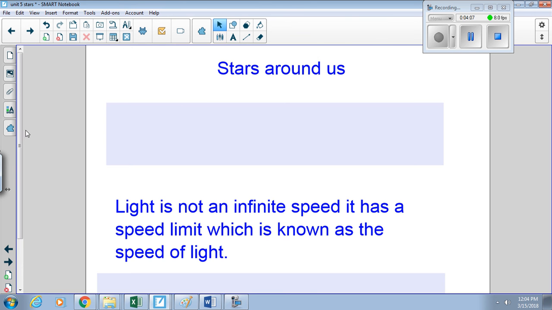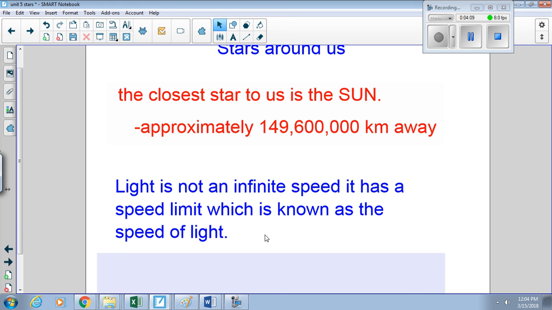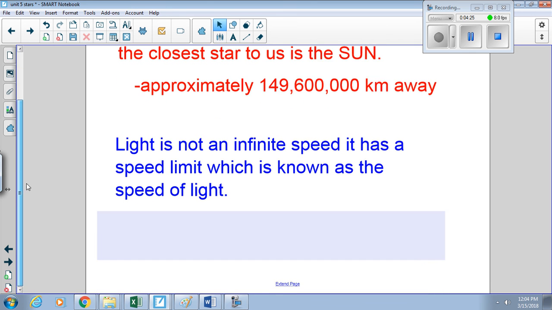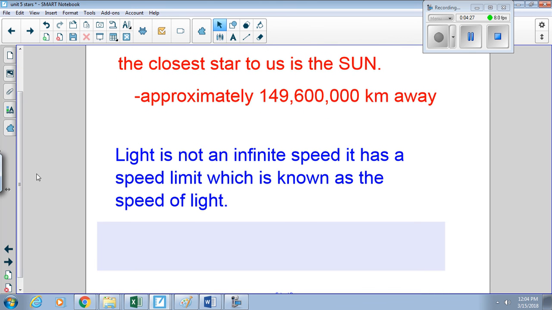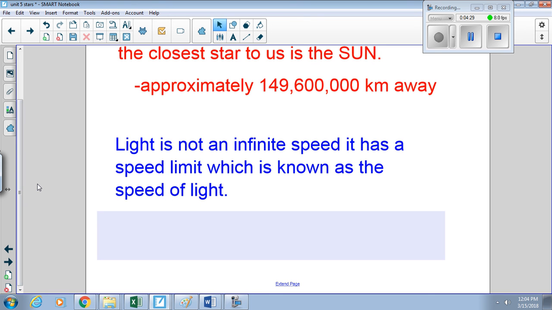Alright, so stars around us. The closest star to us is our sun. And it's approximately 149 million kilometers away. So pretty far, and that's an average because of the elliptical shape of our orbit. Because light speed is not infinite, which means it doesn't happen instantly, it actually takes time to travel.